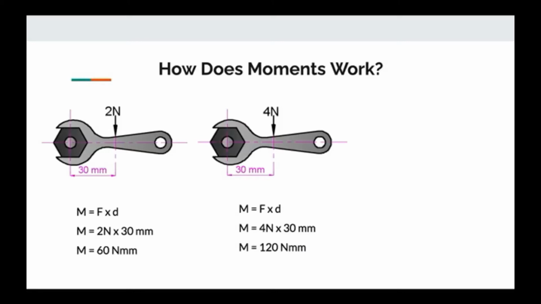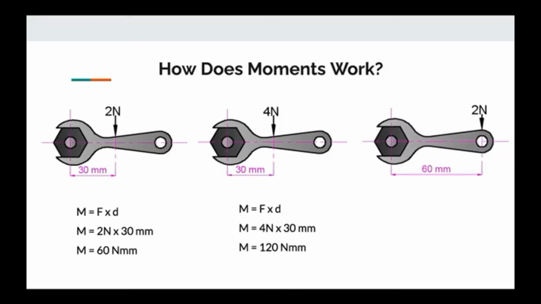There's another way that we can achieve the same result. Rather than increasing the force, we can increase the distance. Now, this will result in us putting out less effort to achieve the same result by simply moving the distance further away from the center point or the point of rotation.